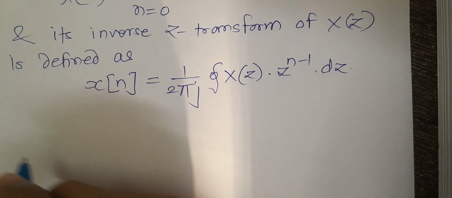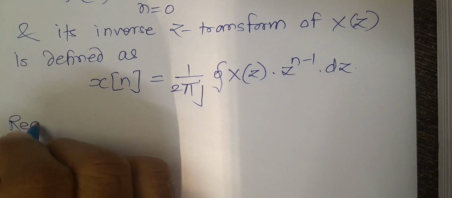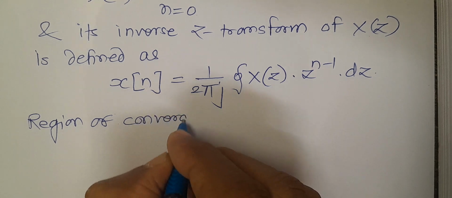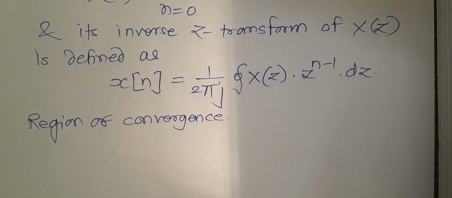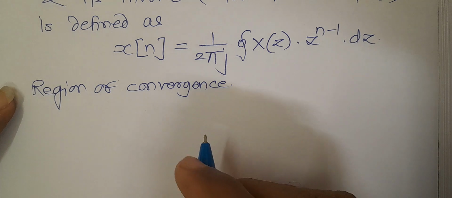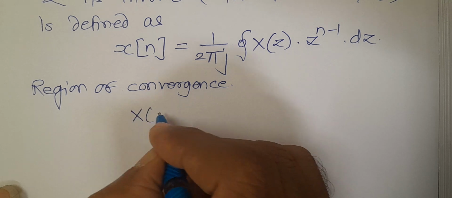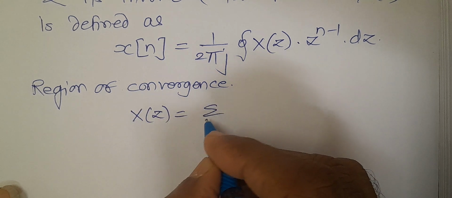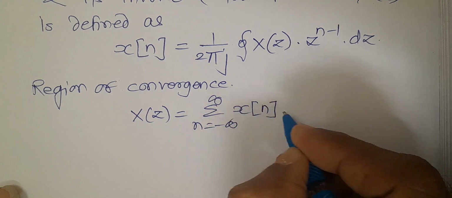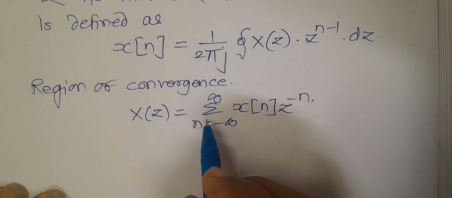Next is the region of convergence. So we know the Z transform equation: X of z is equal to summation n equal to minus infinity to infinity x of n into z raised to power minus n. So this is a formula for finding the Z transform.